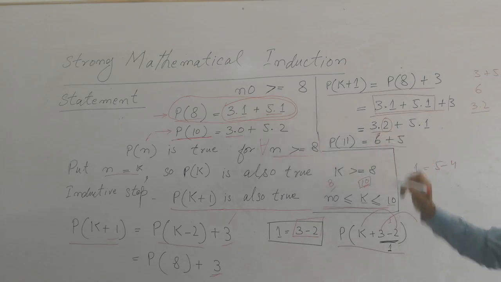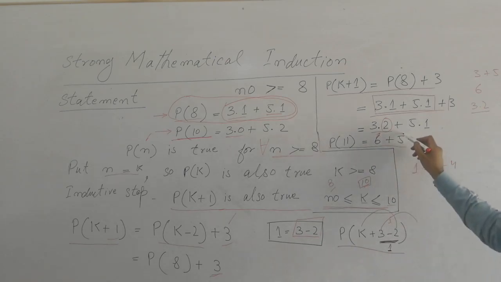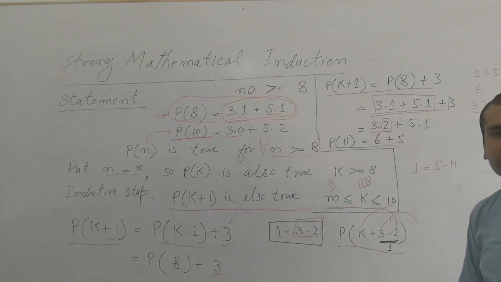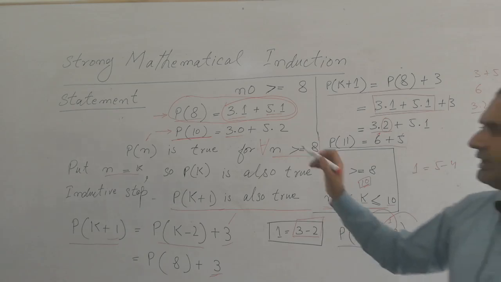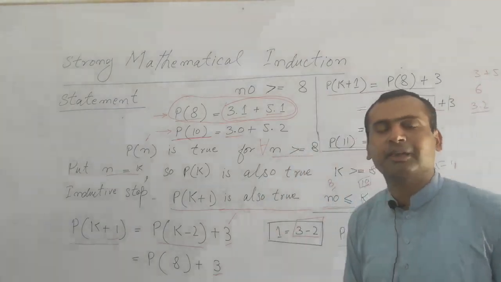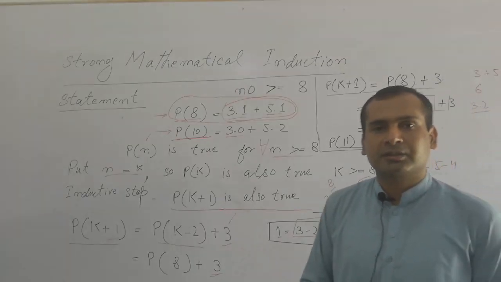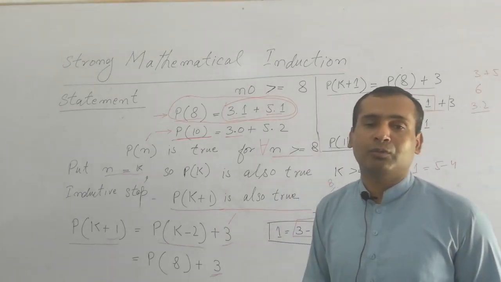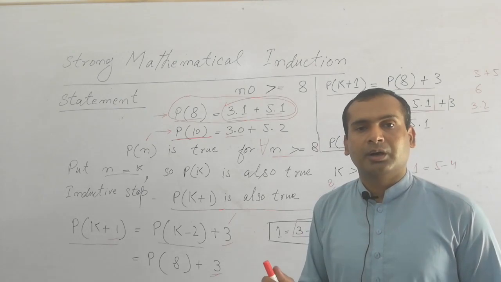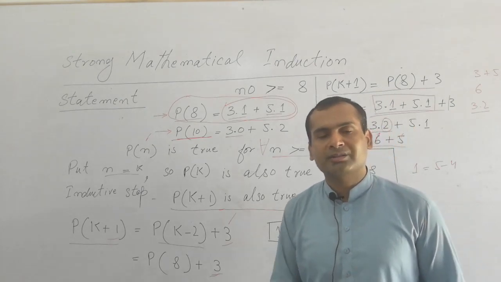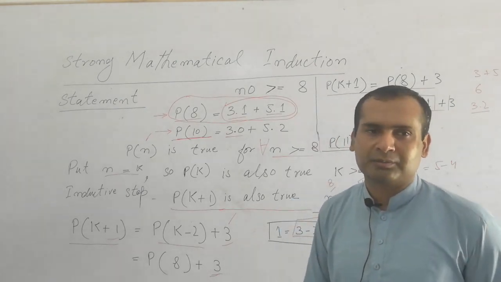It is 2 stamps of 3 coins, and what is 5? 5 is 1 stamp of 5. So in this way we have proved the statement, that any value which is 8 or more than 8 can be formed with the help of 3 coin stamps and 5 coin stamps.